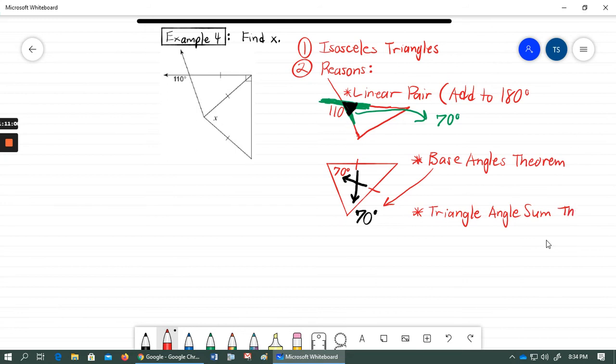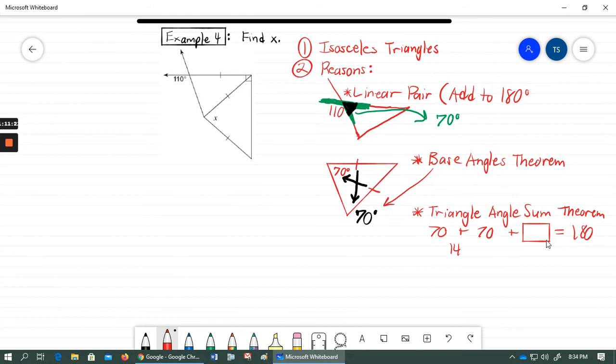So 70 plus 70 plus that third angle, which I'm just going to leave blank for right now, has to equal 180 degrees.